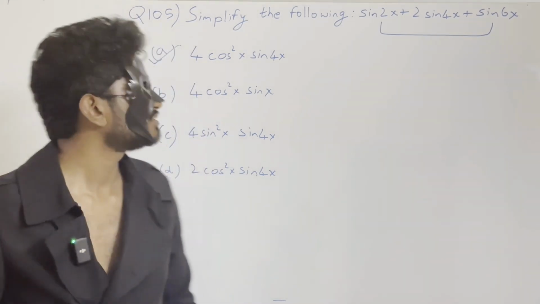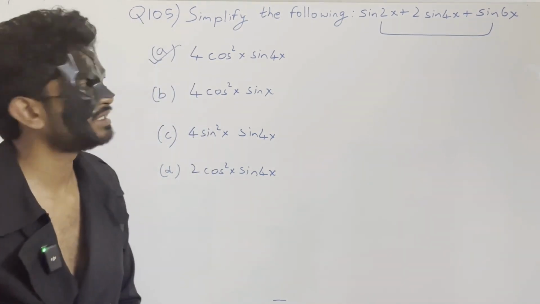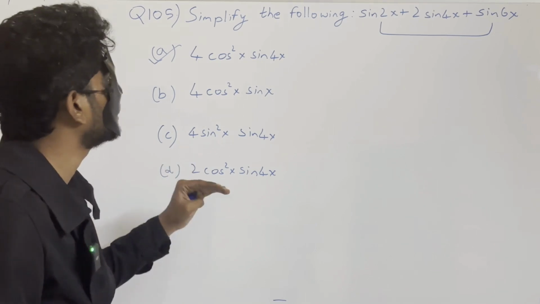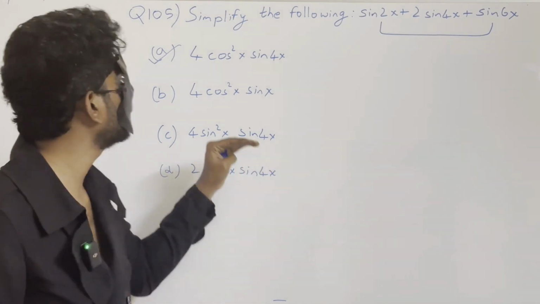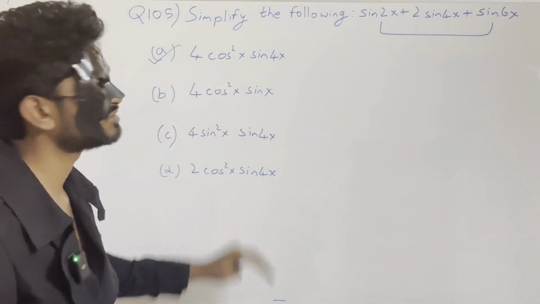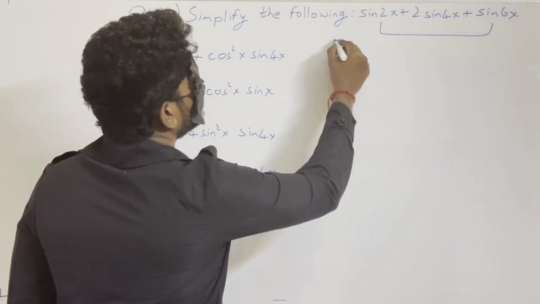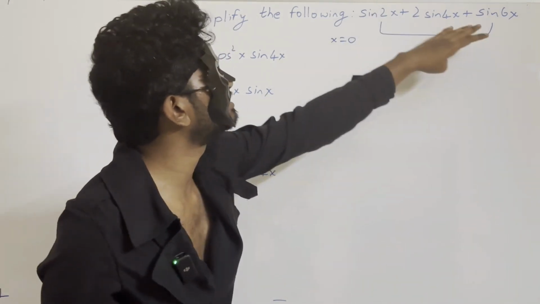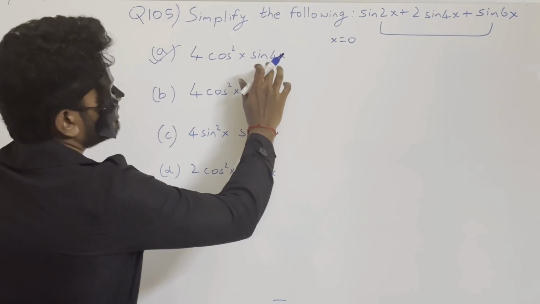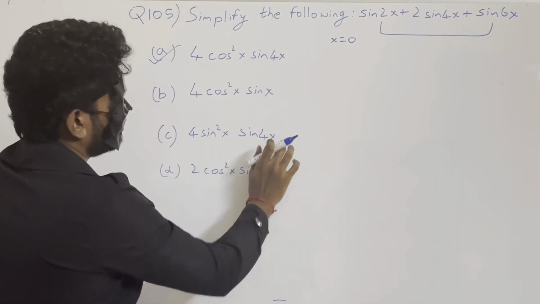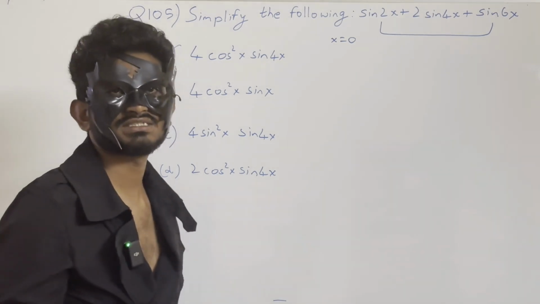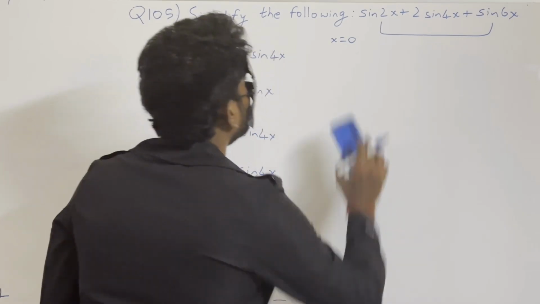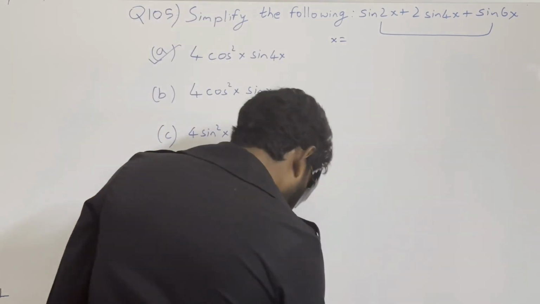So superhumans, this you can also solve by the value putting method. Now here you have to put values such that you will get unique values in options. For example, if I put x is equal to 0, then it's of no use because all this will become 0, and even in options, this will become 0, this will become 0, this will become 0. So putting x equal to 0 is of no use. Then next we can put x is equal to 45.